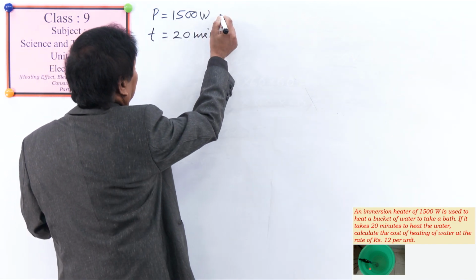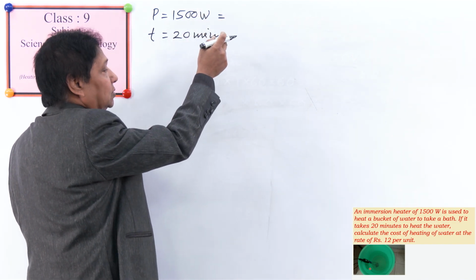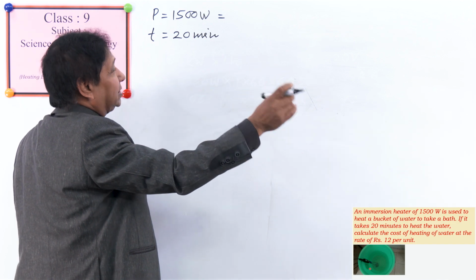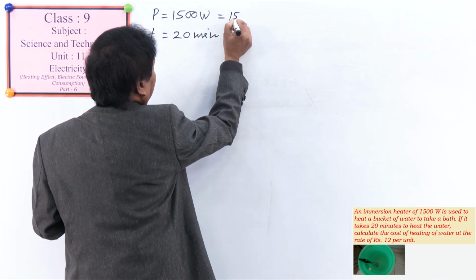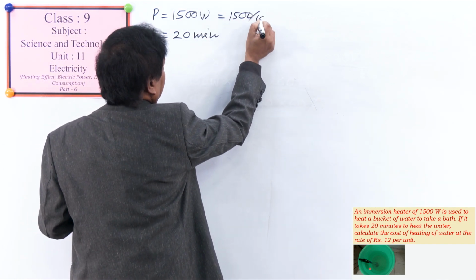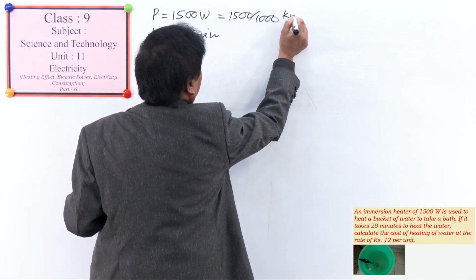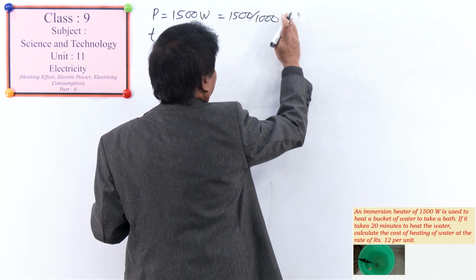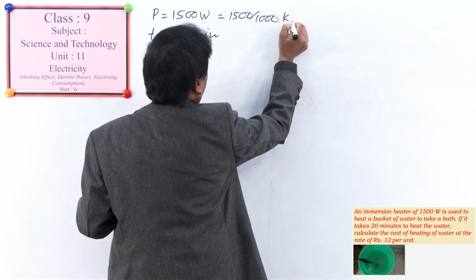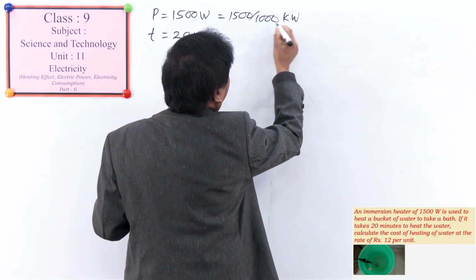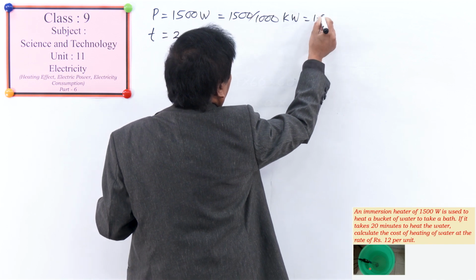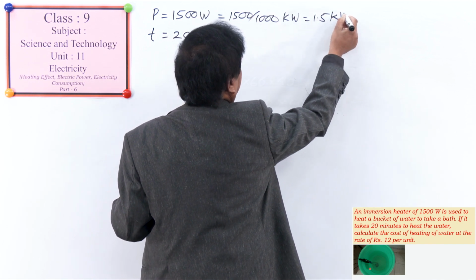What should be converted to kilowatt, because we are using kilowatt hour. So 1500 divided by 1000 converts it into kilowatt, and this is equal to 1.5 kilowatt.